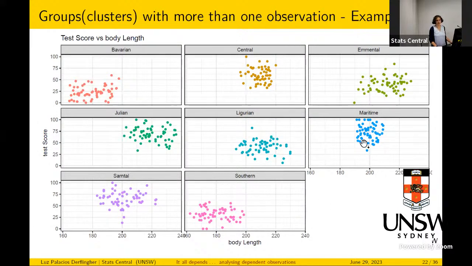So in this example, you could add a random slope by mountain range and check if that is relevant or not. There are tests to check whether the variance of that random slope is relevant or not. That would be the answer for that.